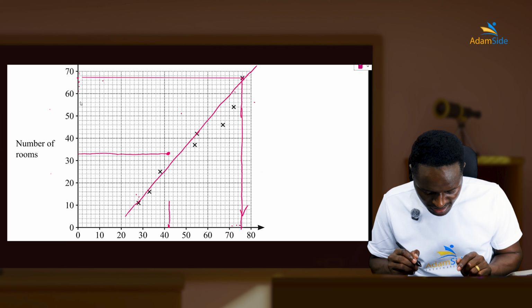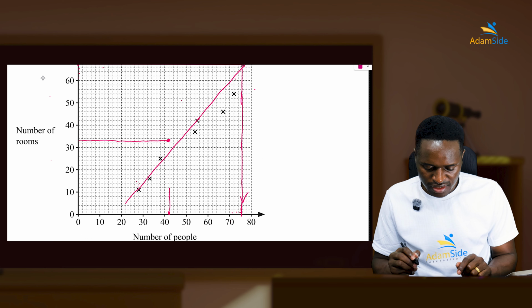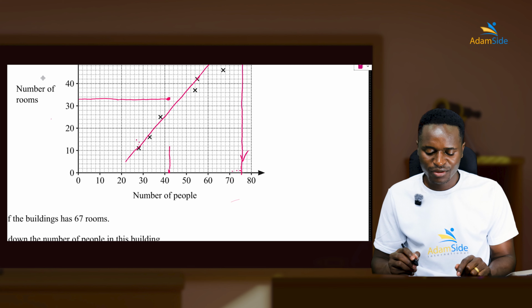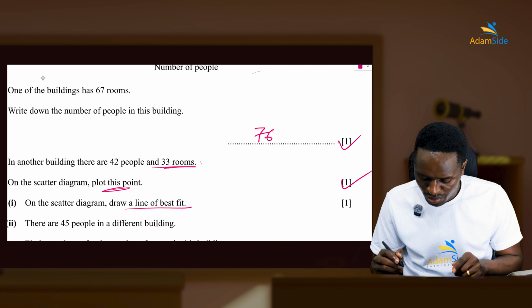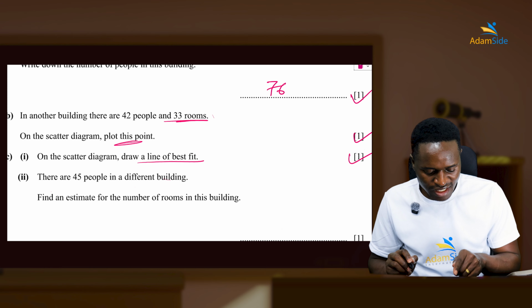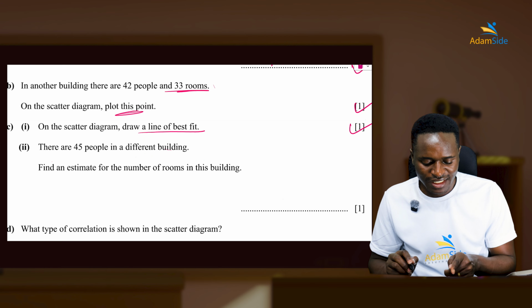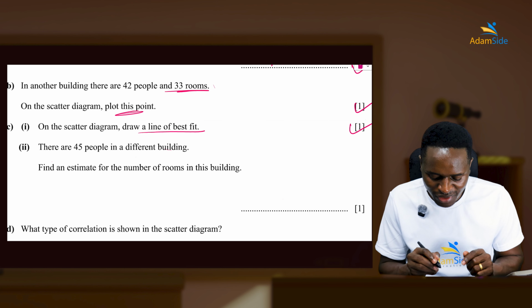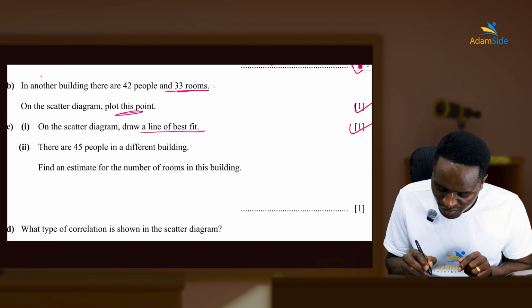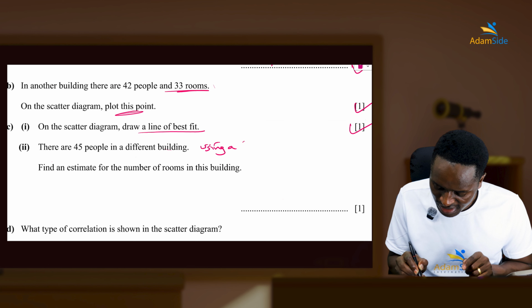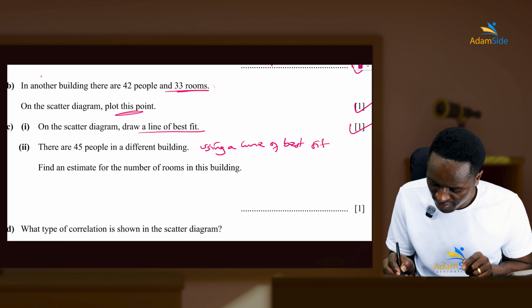From our line of best fit, what do we say? We have drawn our line of best fit, and there are 45 people in a different building. Find an estimate for the number of rooms in this building. Here we use the line of best fit that we've drawn from the question above.